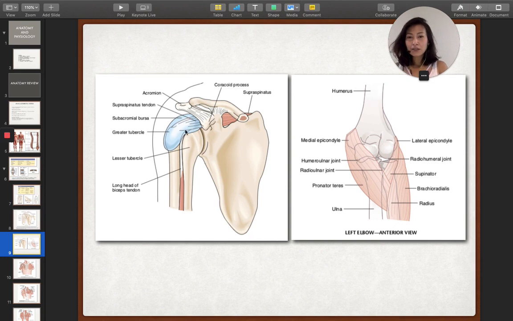Okay, so let's look at this picture here. This is a very nice, beautiful illustration of the upper girdle. Over here is the supraspinatus muscle, which is really thin, that connects to the scapula.